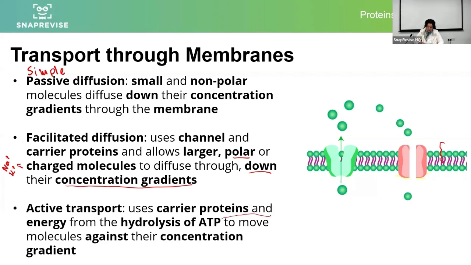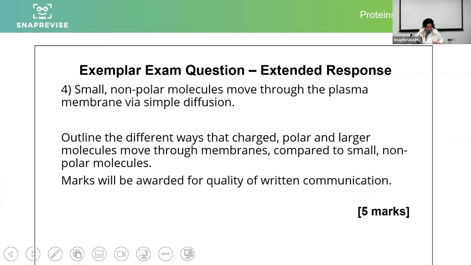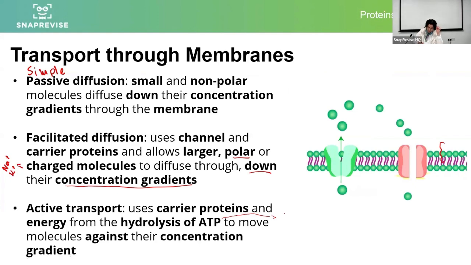Super quick reminder: ATP switches between ATP, with 3 phosphates, and ADP, which has 2 phosphates. It can move molecules against their concentration gradient. That is a super important qualitative difference between the two types of diffusion and active transport.